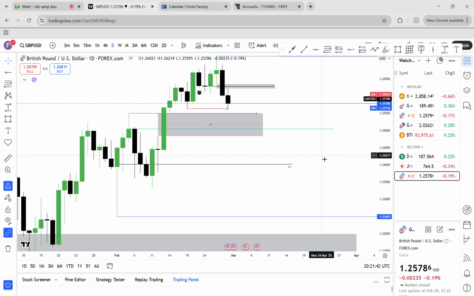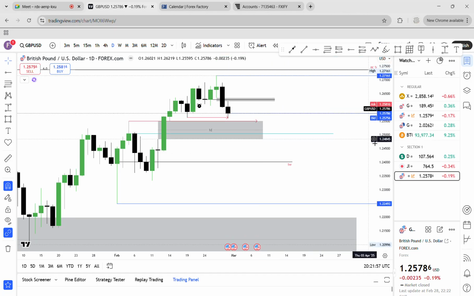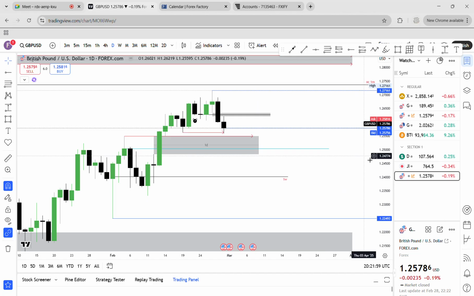Just write the three names down: fair value gap, inefficiency, imbalance. These all three mean the same thing. We are talking about one thing there. It's just names. You understand? Uh-huh.